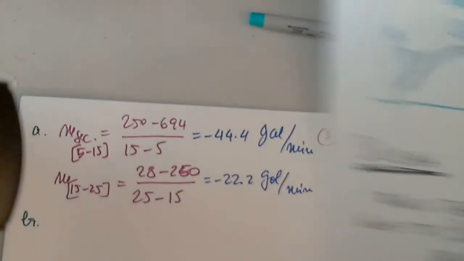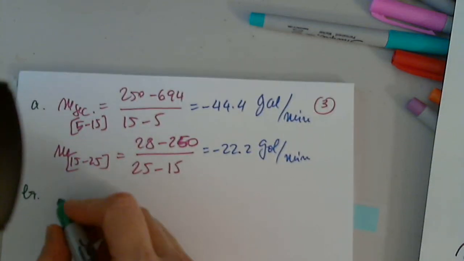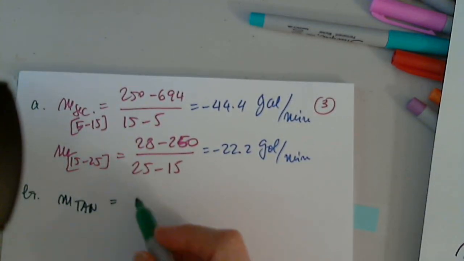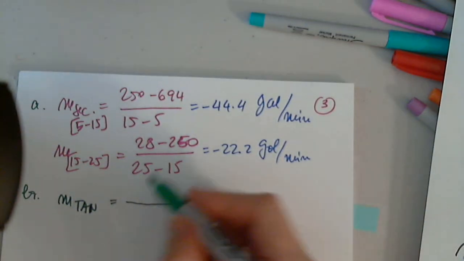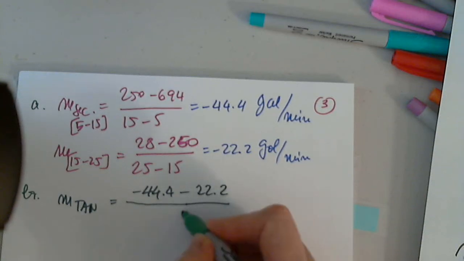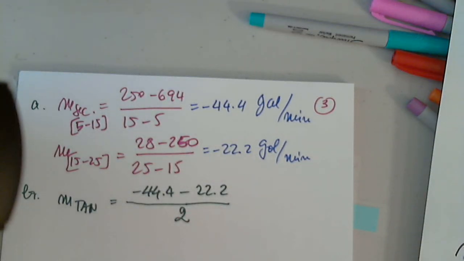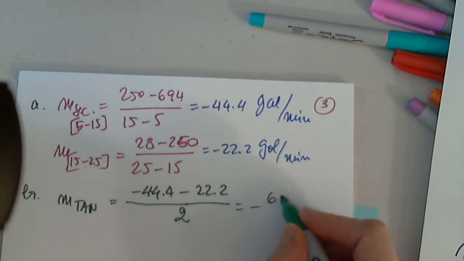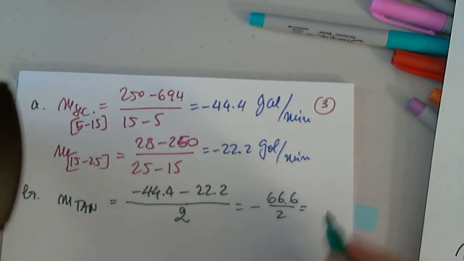So the slope of the tangent will be approximately negative 44.4 minus 22.2 divided by 2. So that is a negative 66.6 divided by 2, negative 33.3 gallons, of course, per minute.